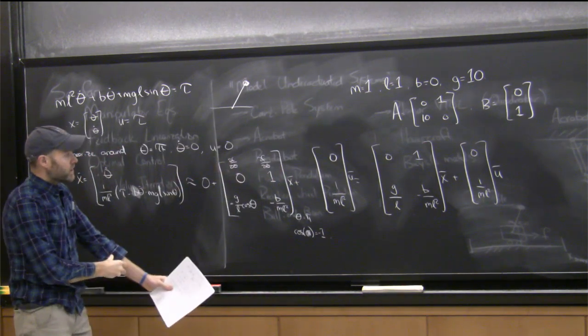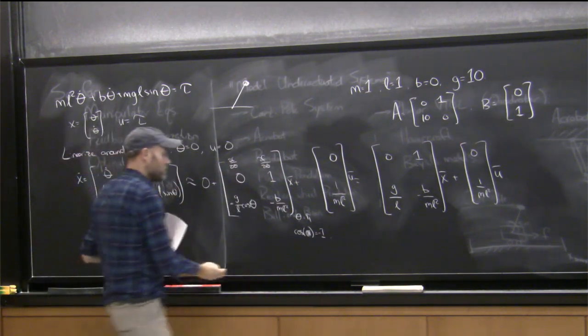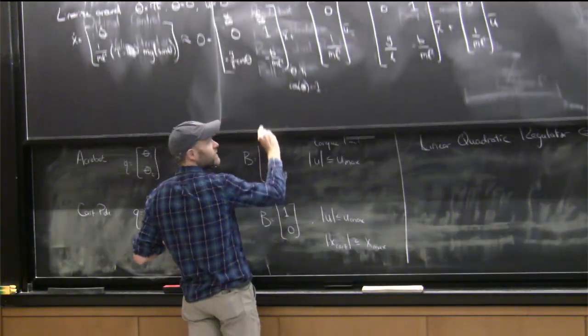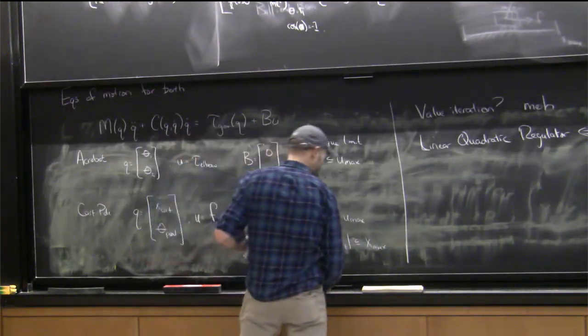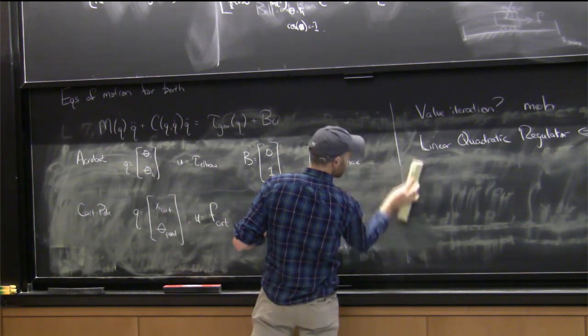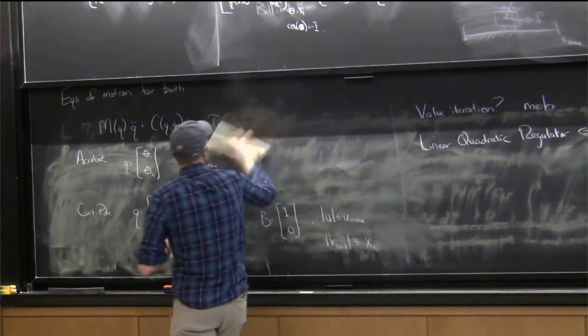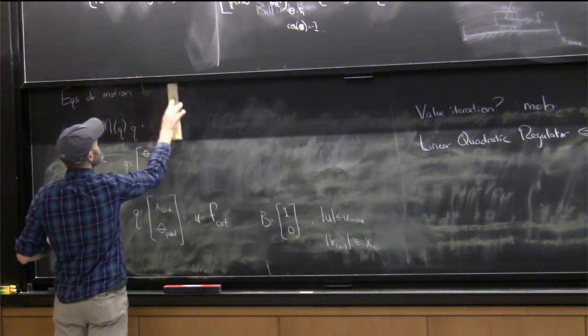So the cool thing is, we already know how to plot phase portraits of systems like this. We didn't really do linear systems as much as we could, but it's worth doing here.